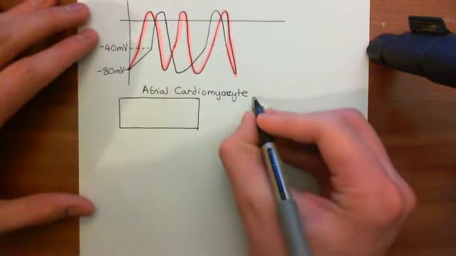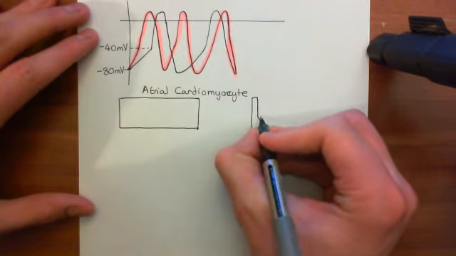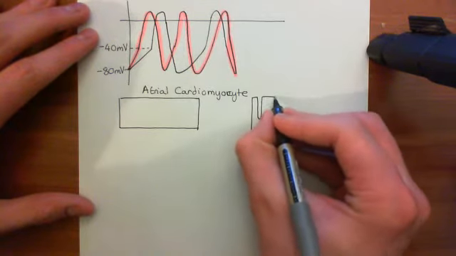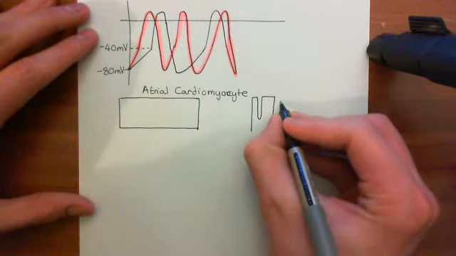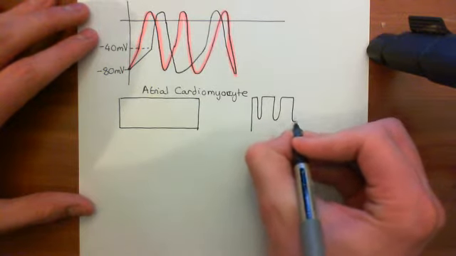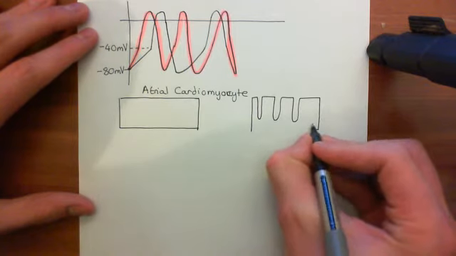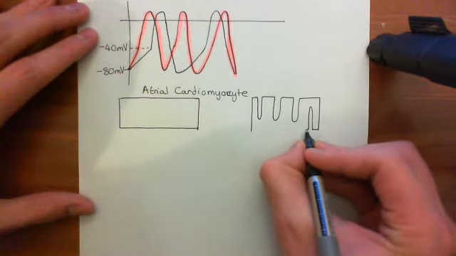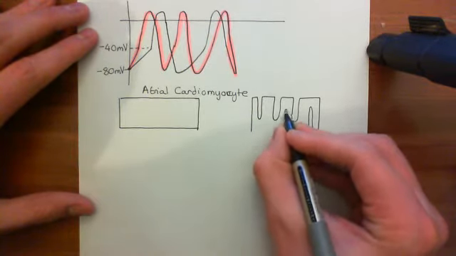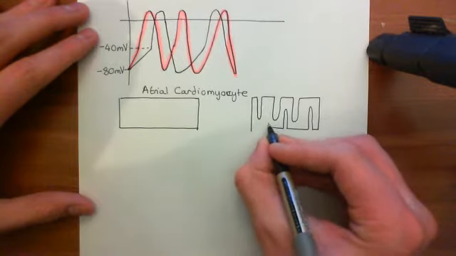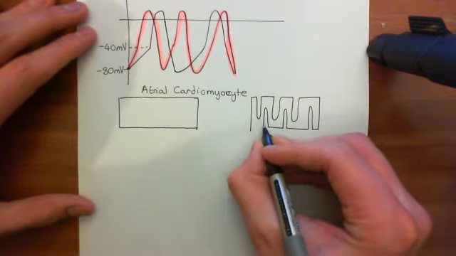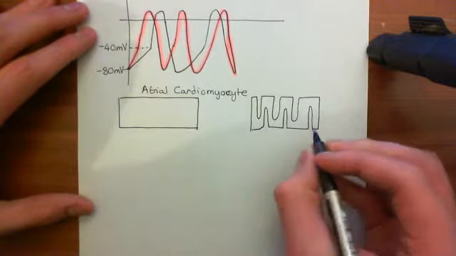The main difference is that it has finger-like projections of the membrane deep into its cytoplasm, and these projections are known as T-tubules. Atrial cardiomyocytes do not have these finger-like projections into the cytoplasm. So that's one of the key differences between atrial cardiomyocytes and ventricular cardiomyocytes.